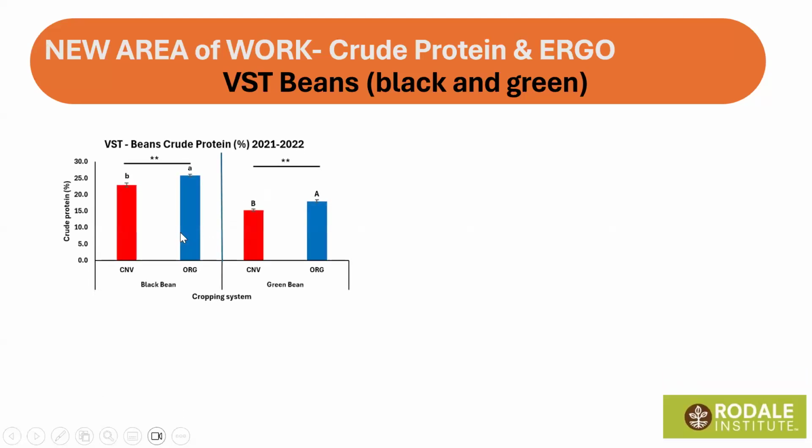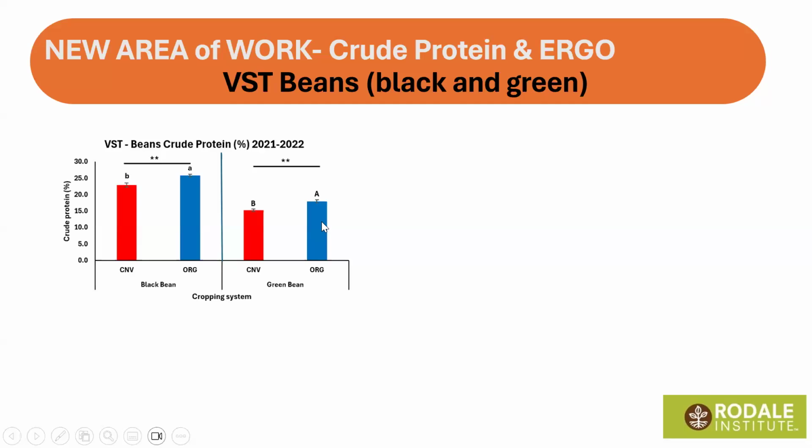Another project that came from the vegetable systems trial, we looked at the crude protein and ergothioneine. In this case, I was looking into the effect on black beans versus green beans. So organic is the blue bar and conventional is the red bar. Now here you could see the crude protein is about 23 in the conventional, but it is greater than 28 in the organic. There was a significant difference between organic and conventional, meaning organic is much higher in crude protein in the black beans.